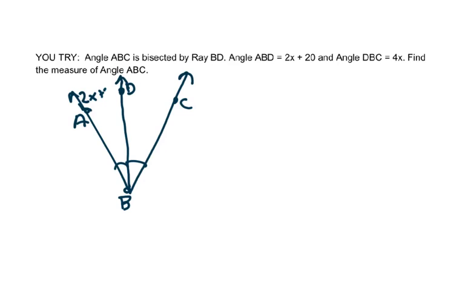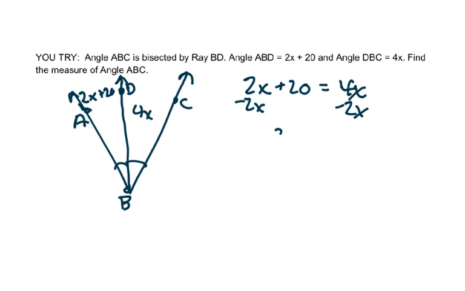We know this one's 4x. 2x plus 20 equals 4x. That means if I subtract 2x, 20 equals 2x, divide by 2. And we're going to get x equals 10.